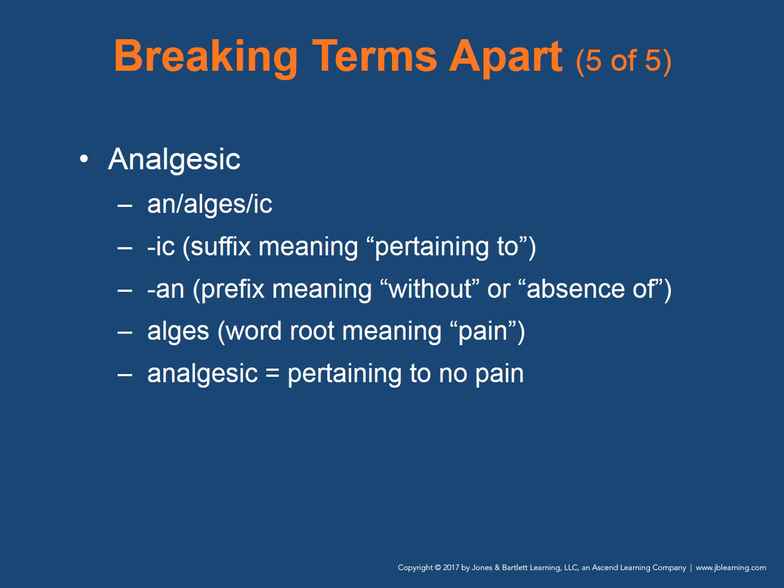Analgesic. So what is an analgesic? Okay. We got an, alges, ic. Ic is the suffix pertaining to, an is the prefix meaning without or absent of. And then alges, word root meaning pain. Analgesic, pertaining to no pain. Right? And to be perfectly honest, when I look at analgesic, I just think of analgesic medication, pain medication, right?